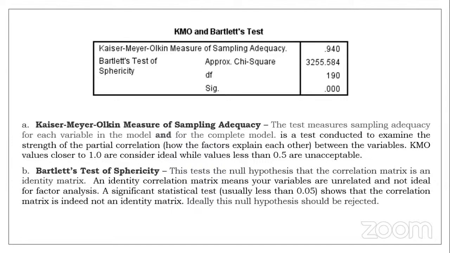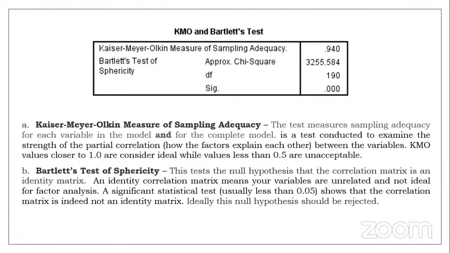So here we would like to have a significant p-value. Basically a p-value less than 0.001 or 0.005, in order to reject the null hypothesis.